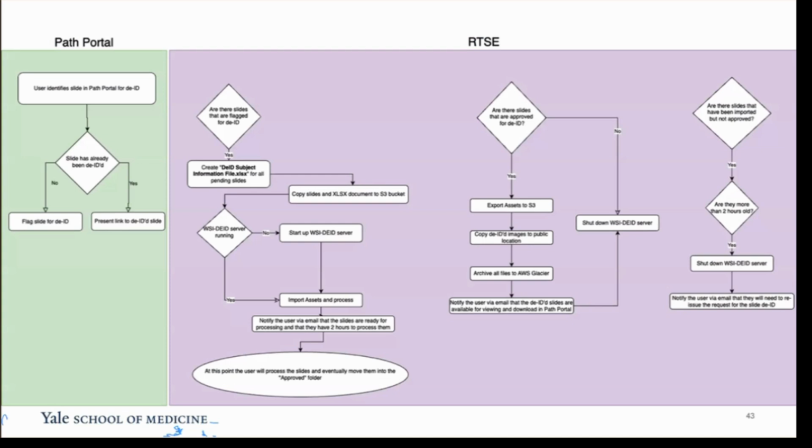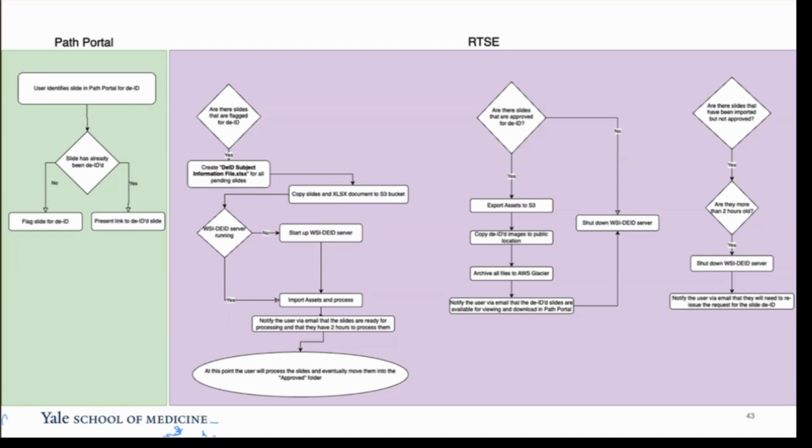The first thing the software does is cross-check: has this slide been previously de-identified? If the answer is yes, it just provides a link to that de-identified file. If not, it starts up a process where the whole algorithm redacts all the information, moves the image for storage, notifies the user via email that the de-identified slides are ready, and then shuts itself off.